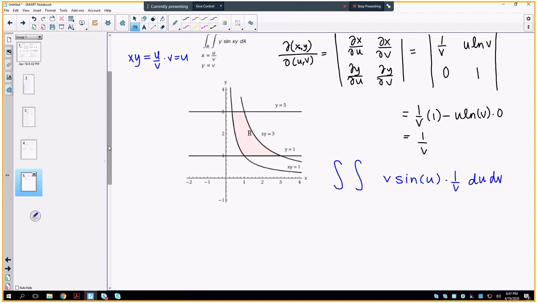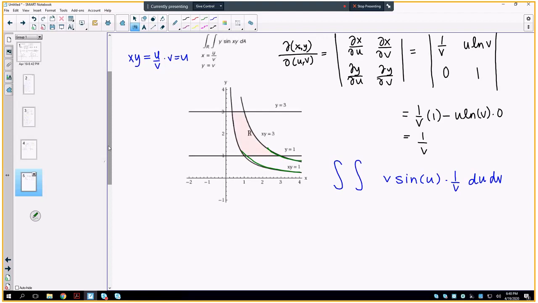Then I need to know my bounds for u and v, and that's where I'm going to refer to my picture a little bit. So my x is u divided by v, and we just found out that x times y was u. So if I want to know my bounds for u, the picture tells me that I have x times y equals 1 is this curve, and x times y equals 3 is this curve.